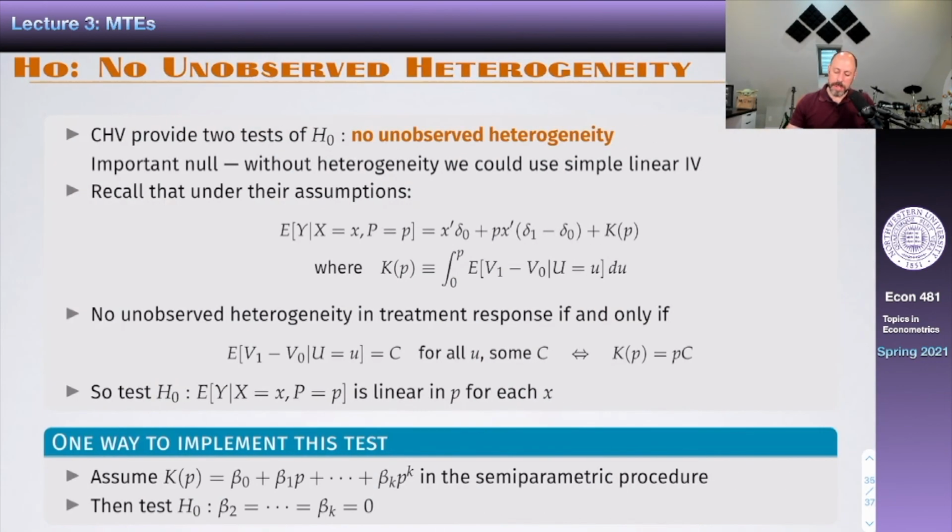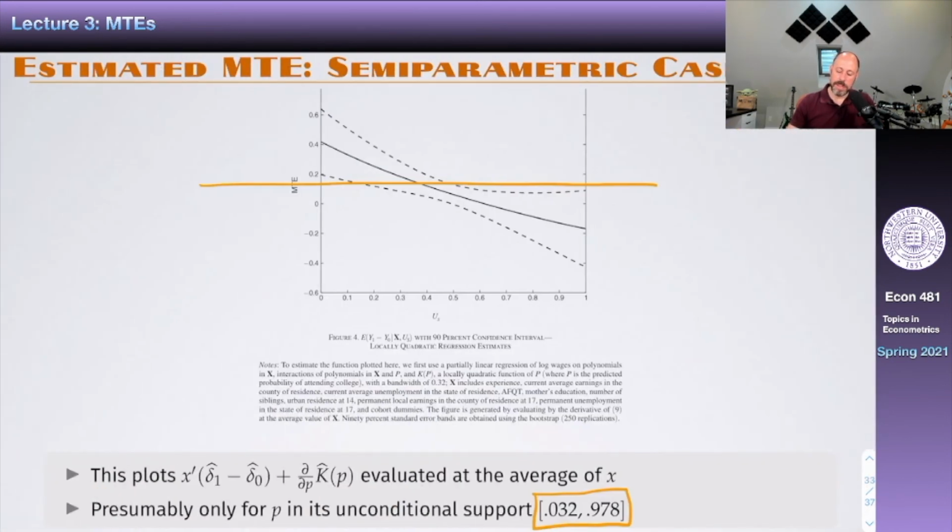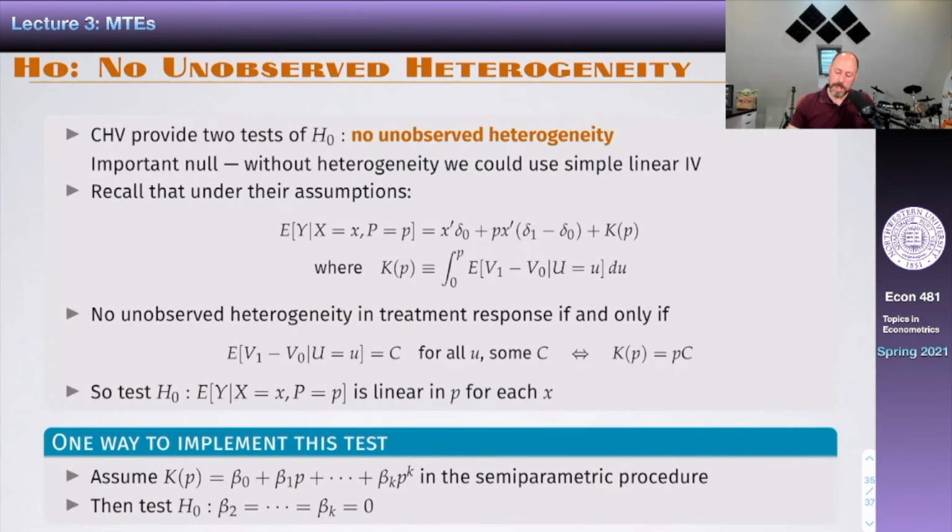All right, we're getting close to the end. Last part is that we can test the null of no unobserved heterogeneity, which is again related to this flatness that I said over here. How can you test that? They here provide 2 tests for this null hypothesis of no unobserved heterogeneity. And the idea is the following. Recall that this is what we have in the model.